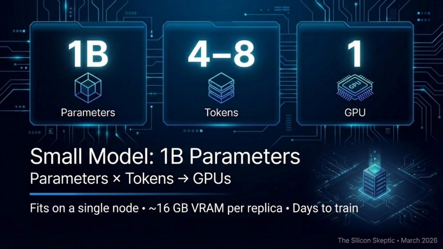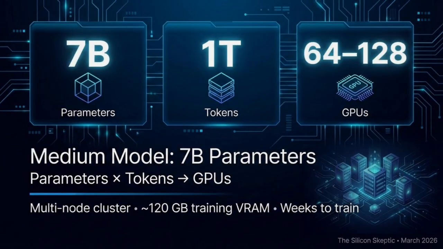So for example, at the bottom end of the size, something you maybe could even run on your own computer using a model like Ollama, which I have downloaded, we have, say, 1 billion parameters. We'll talk about what a parameter is. 4 to 8 tokens in one GPU. Then it goes up considerably in size.